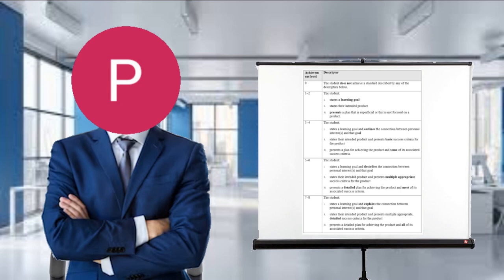I. State a learning goal for the project and explain how a personal interest led to that goal. II. State an intended product and develop appropriate success criteria for the product. III. Present a clear, detailed plan for achieving the product and its associated success criteria.